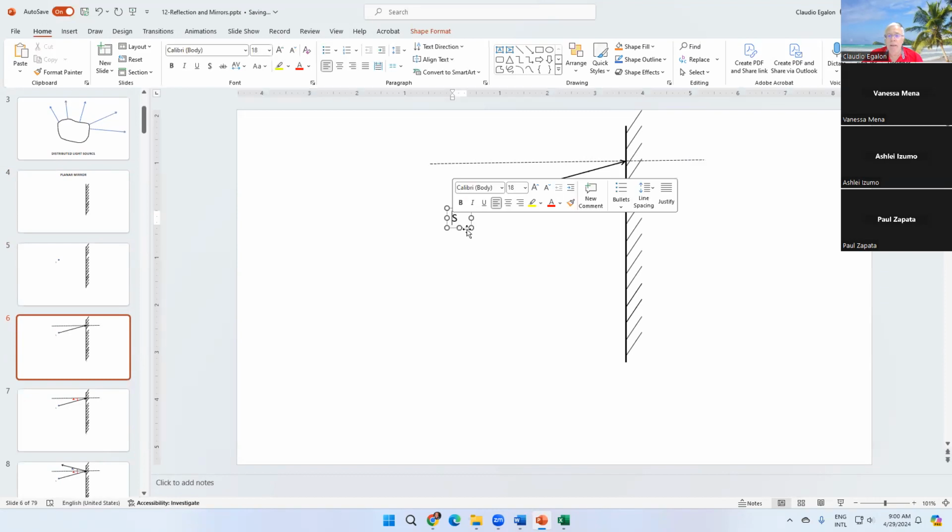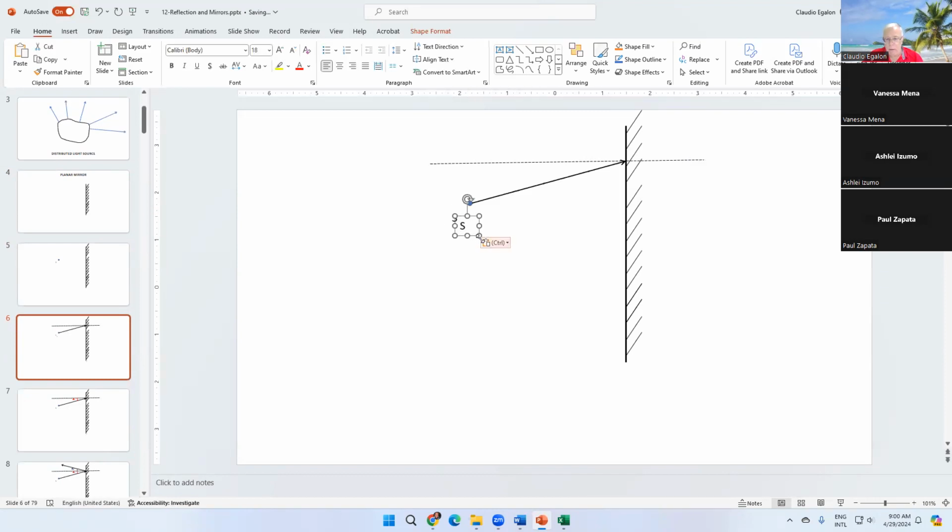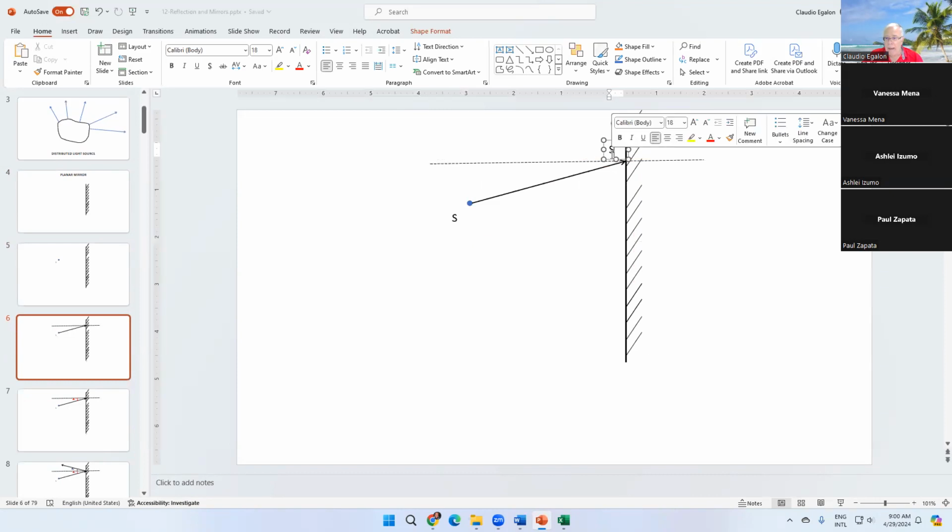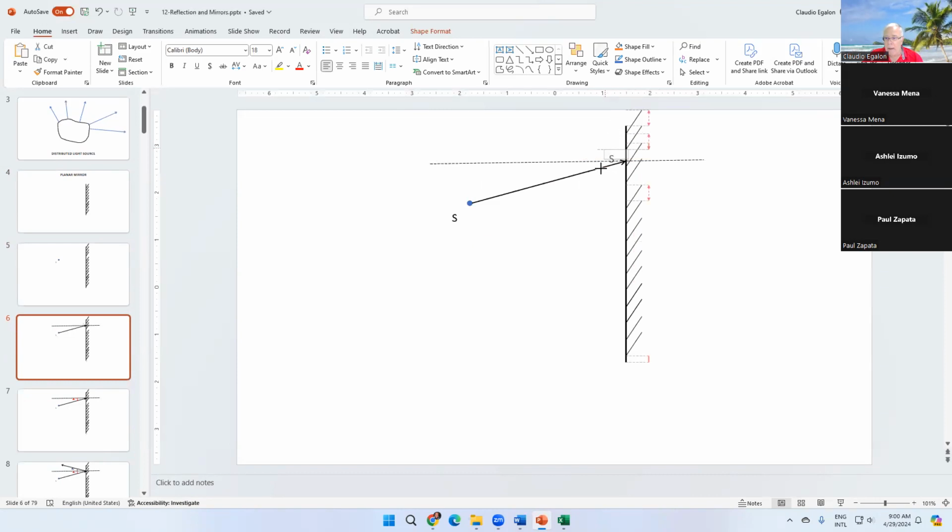Let's call it point I. This one here is going to be point I. Here you go.